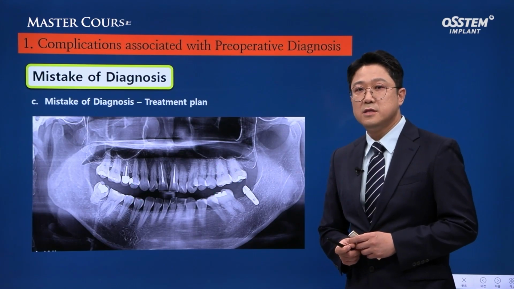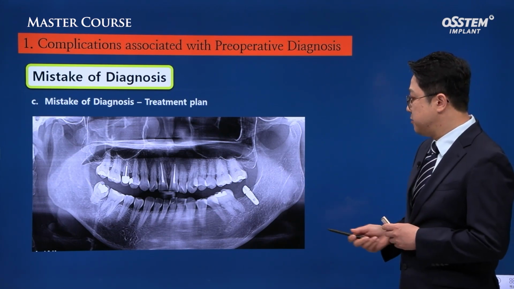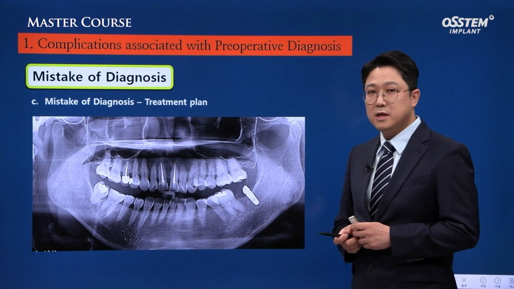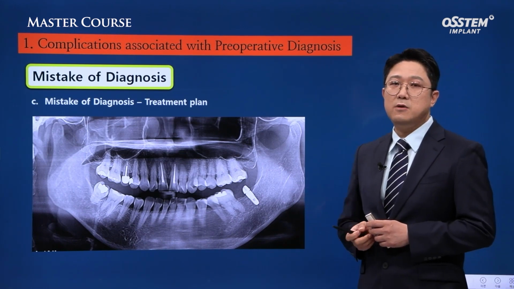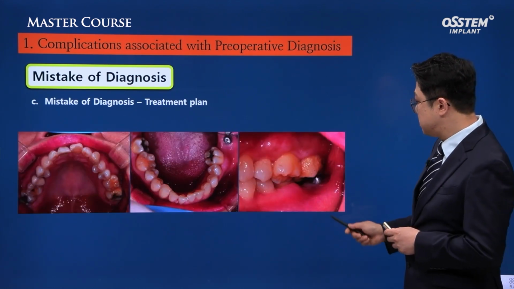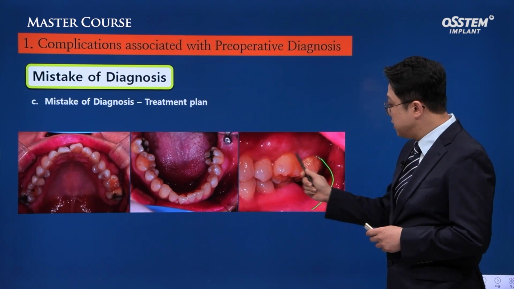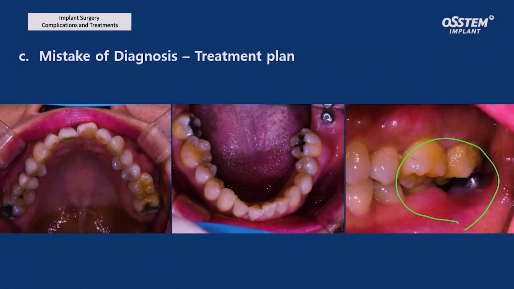I'm going to talk about mistakes that can be made in diagnosis, especially when the treatment plan is made wrong. In number 37, an implant was placed at a different dental clinic. The implant failed. If you look in the oral cavity, it's like this. Number 37, the interarch distance is very tight and the occlusal relations with the antagonist are very unfavorable.